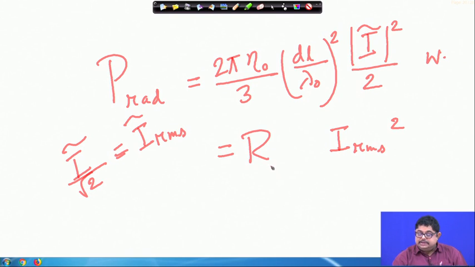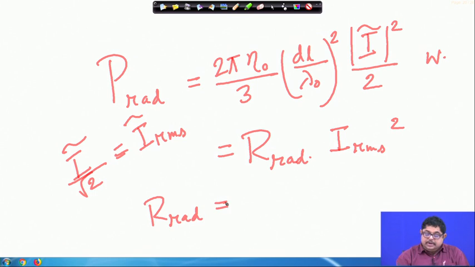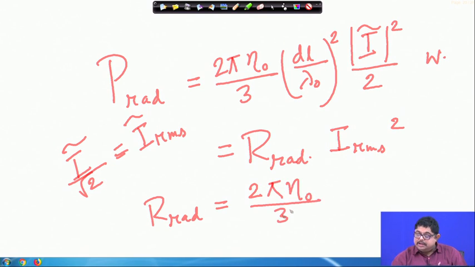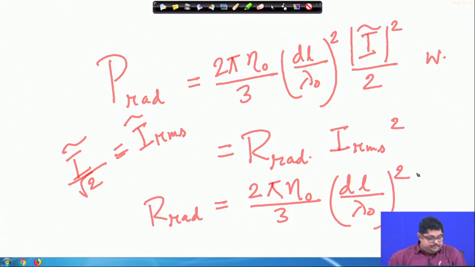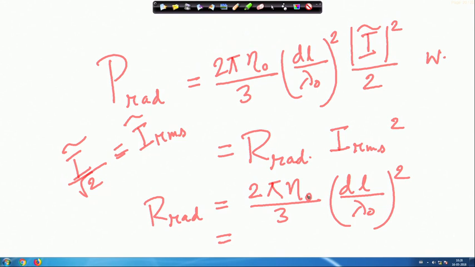R. That is called the radiation resistance. The radiation resistance of an antenna, in this case, is nothing but 2 pi eta naught by 3 times dl by lambda naught whole square. If you manipulate, because we know the eta naught value is 120 pi, it comes to 80 pi square times dl by lambda naught whole square.